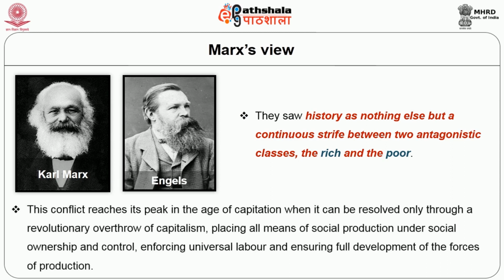This conflict reaches its peak in the age of capitalism, when it can be resolved only through a revolutionary overthrow of capitalism, placing all means of social production, which are land, buildings, mines, forests, machinery, and capital, under social ownership and control, enforcing universal labor and ensuring full development of the forces of production.